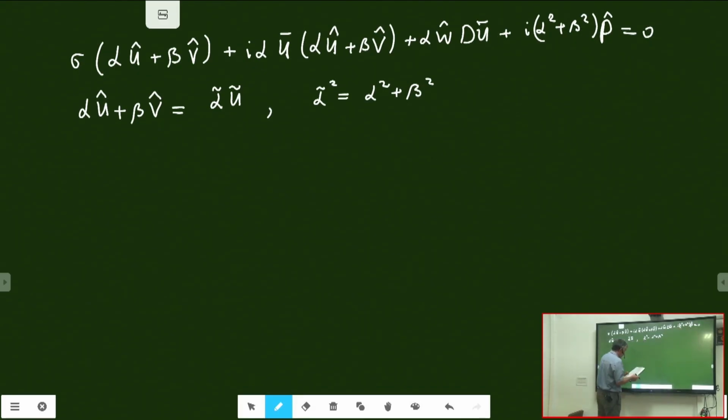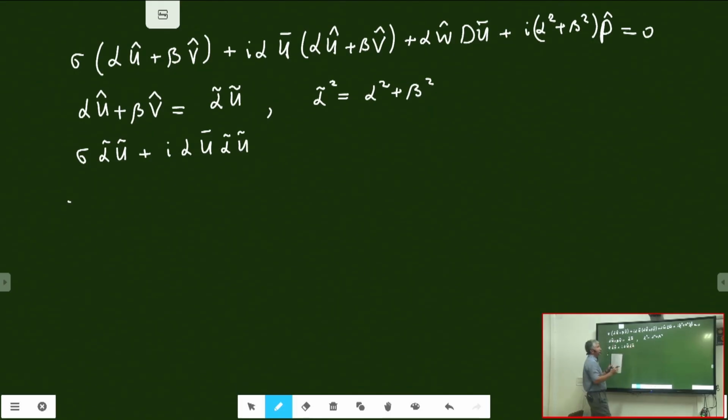So then I will get the following expression. So I will have sigma multiplied by alpha tilde u tilde plus I multiplied by alpha u bar alpha tilde u tilde.